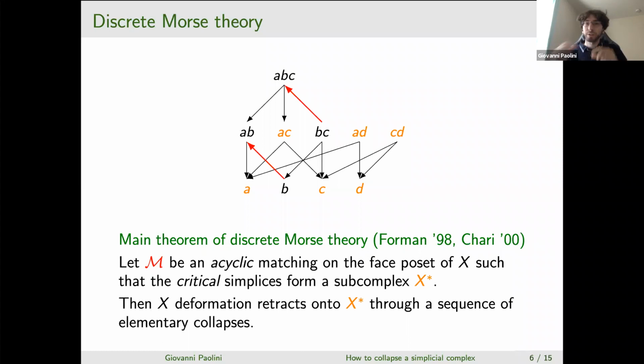And once you have a total order of the simplices, you can read it from left to right and do the collapses every time you encounter a simplex which is matched. So when you find a simplex which is matched, it's going to be matched with a simplex which appears later in your total order. And you can collapse both and continue. And it's very easy to see that this works.